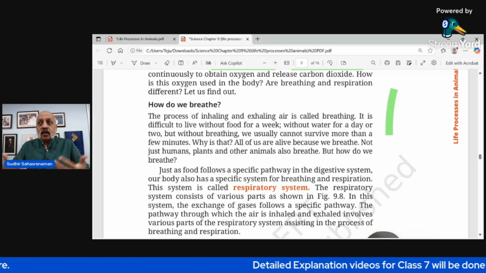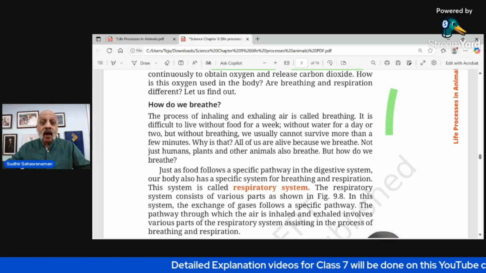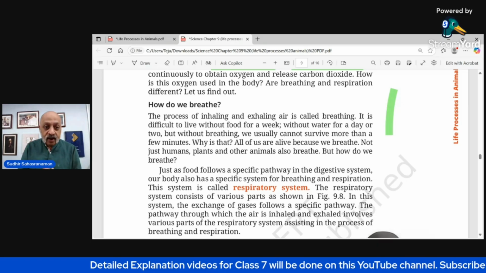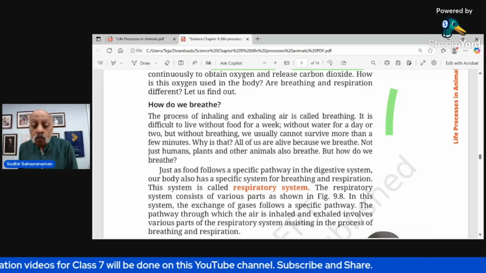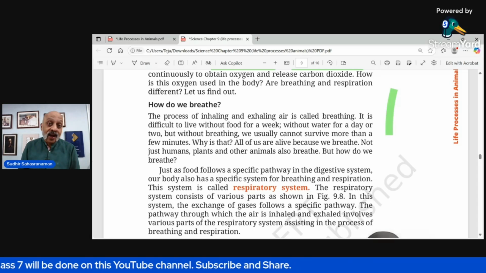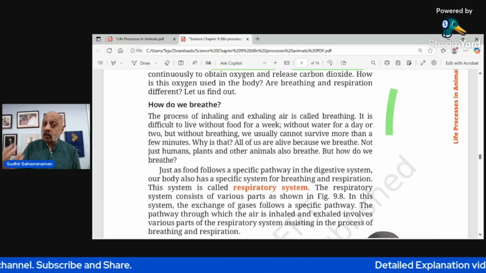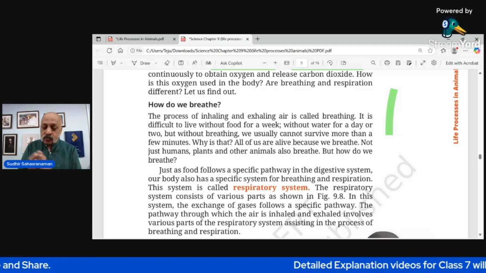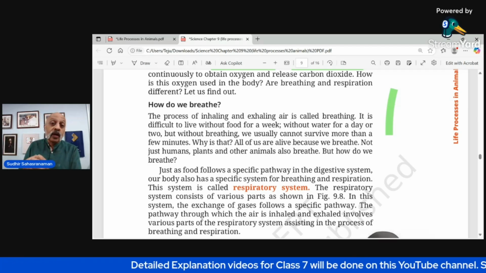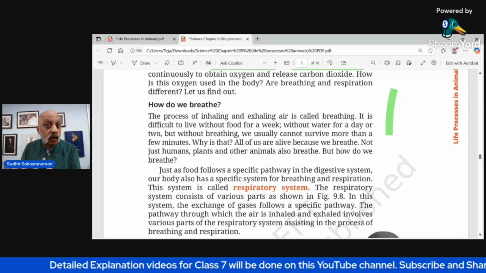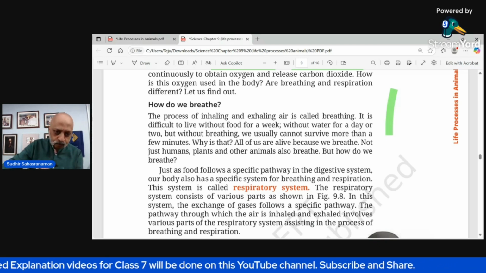Your lungs will start saying, give me air, give me some air. So breathing is a much more important, life-giving activity than digestion, than eating. Obviously, you can survive without eating and drinking for some time, but you cannot survive without breathing for a long period of time.